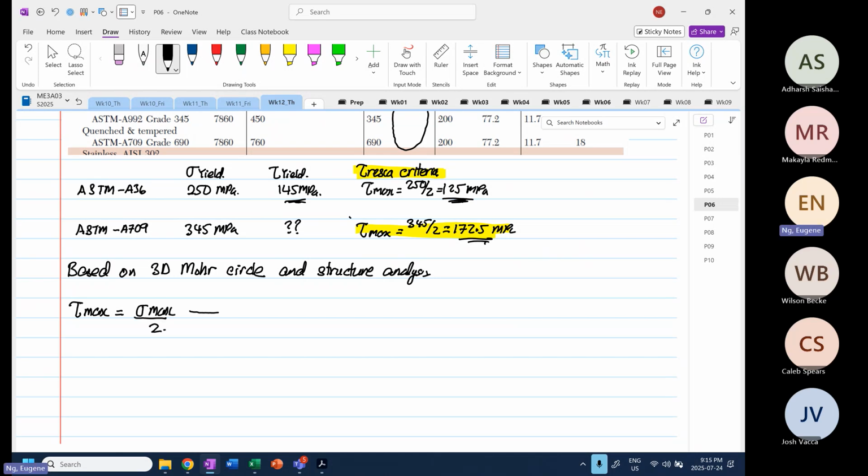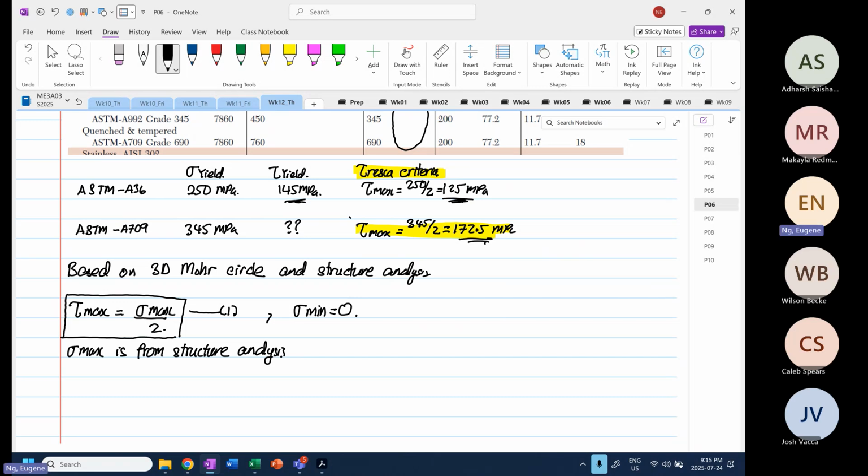I'm going to call this equation 1. Now, stress max is from structure analysis. Remember the previous example, we calculated stress max. Now, equation 1 is only true if we have the condition where stress mean is equal to 0. I repeat again, stress mean is equal to 0.